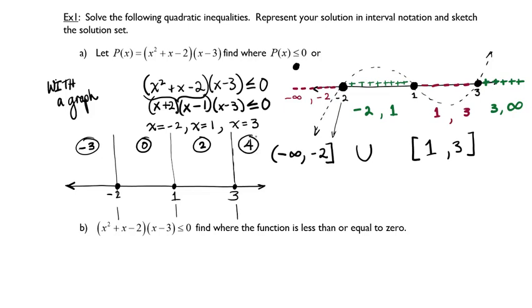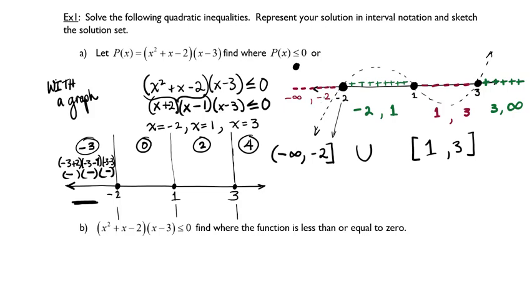If I plug those values into my polynomial, I would have negative 3 plus 2 times negative 3 minus 1 times negative 3 minus 3. That would give me a negative, negative, negative. This would give me a negative overall result.